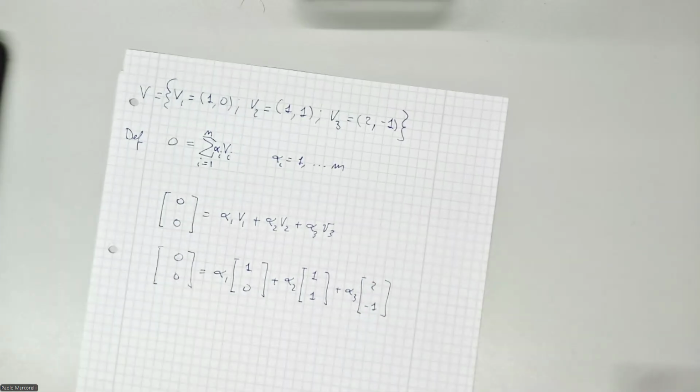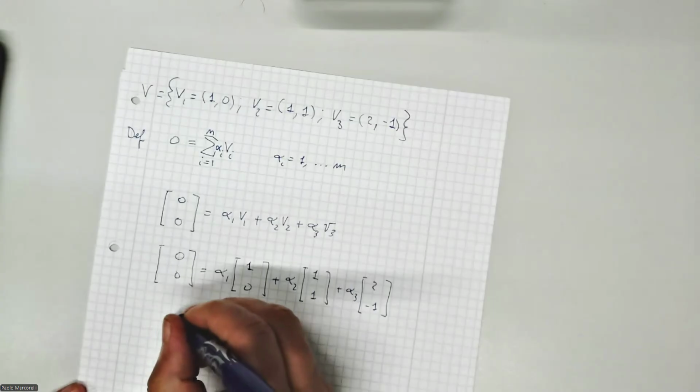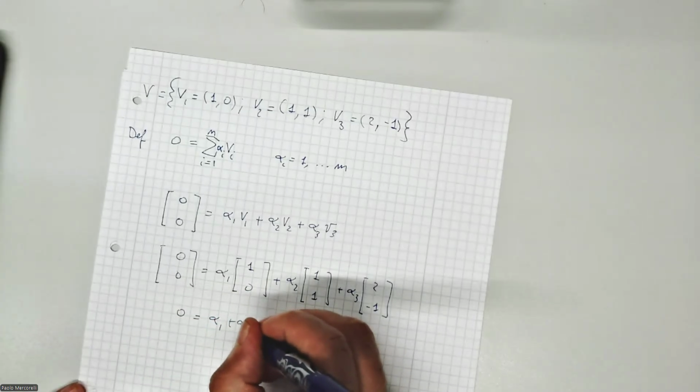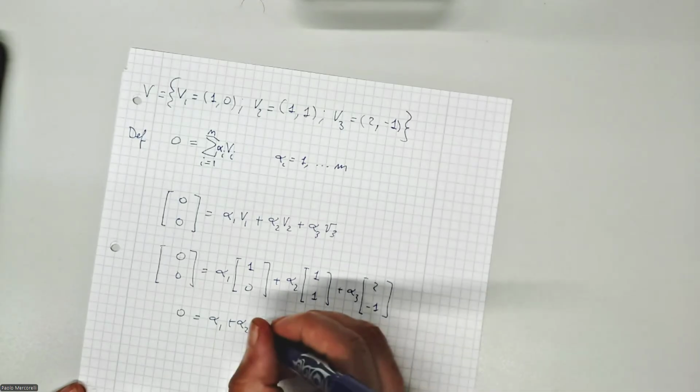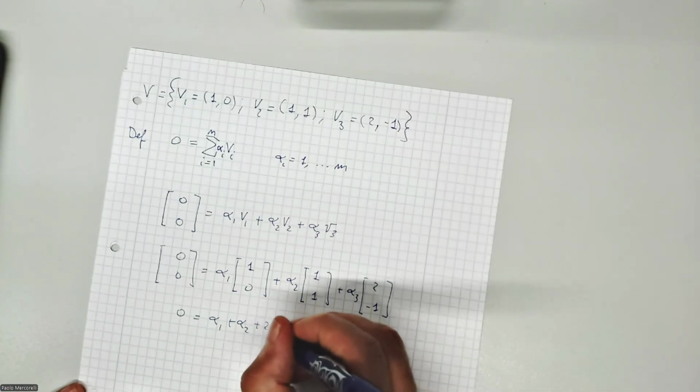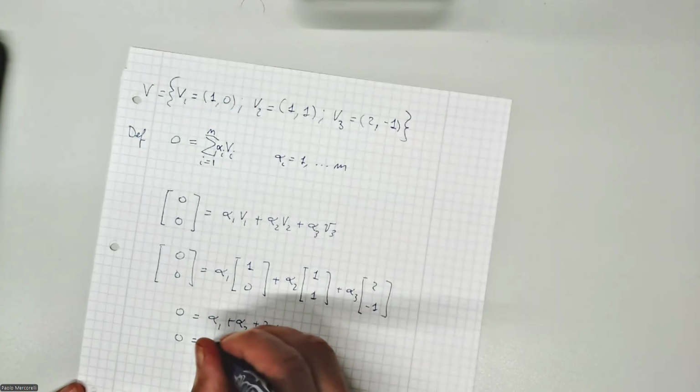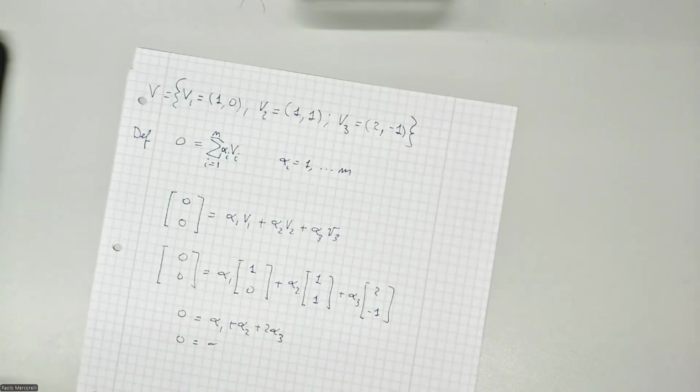Right? Correct. Now, as I told you before, 0 is equal to alpha 1 plus alpha 2 plus 2 times alpha 3. 0 equals, let me write formally.